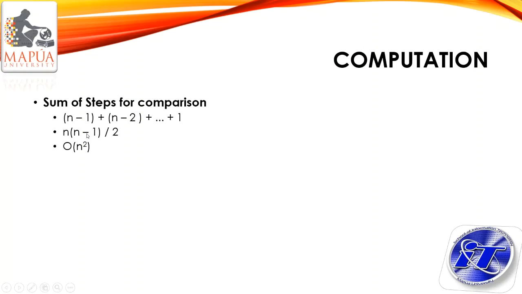Simplifying the numerator, we have n squared minus n. Removing the whole number or the integer, we only have n squared minus n. Which is bigger, n squared or n? It's n squared. Therefore, n squared will be the big O notation. So that's how we determine the big O.